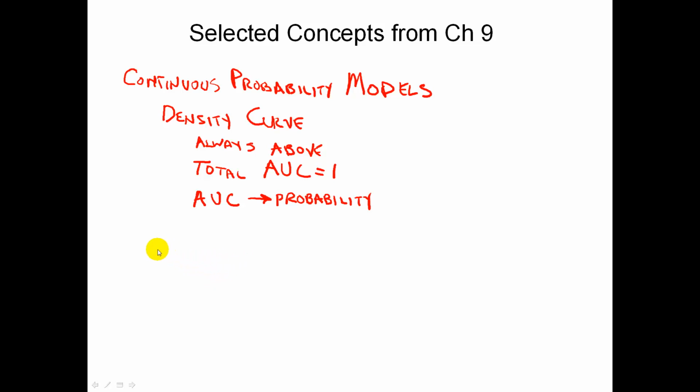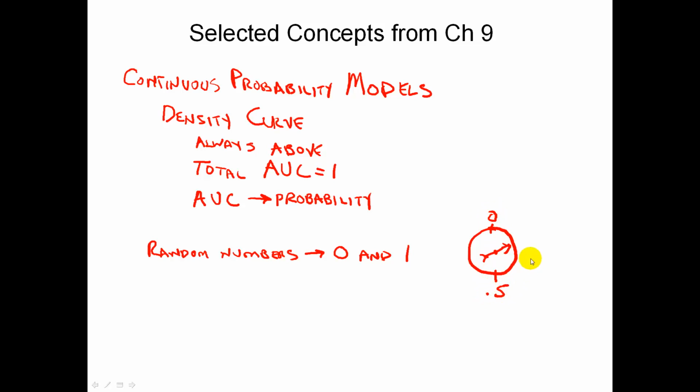So, for instance, if we have a random number generator that generates numbers between 0 and 1, and we use as the model a spinner device, say, that you spin, and it can come up anywhere between the numbers 0 and 1.